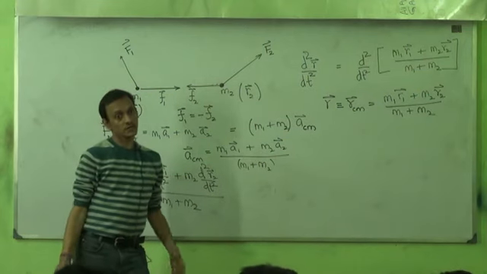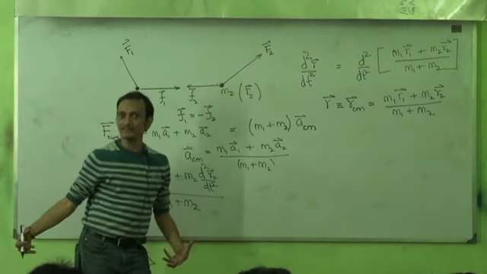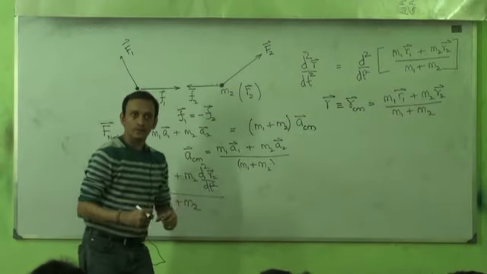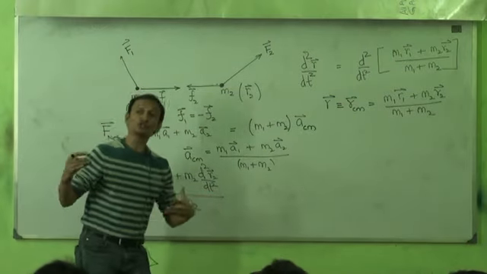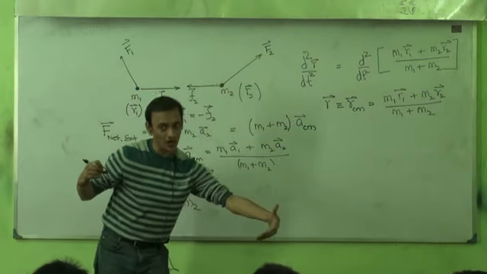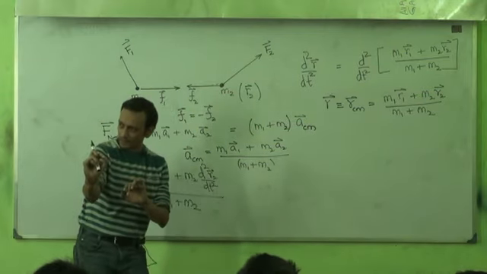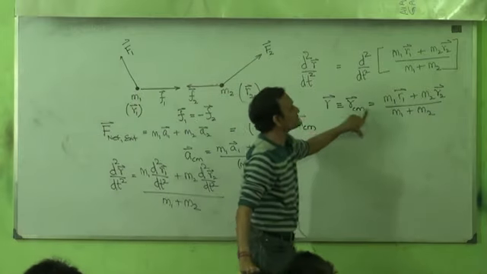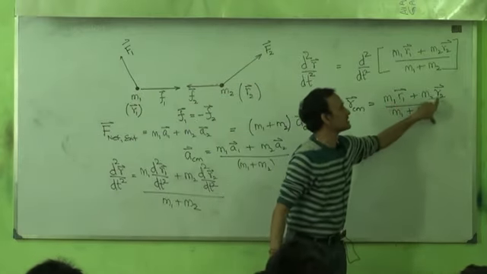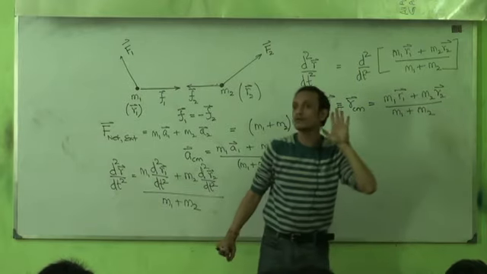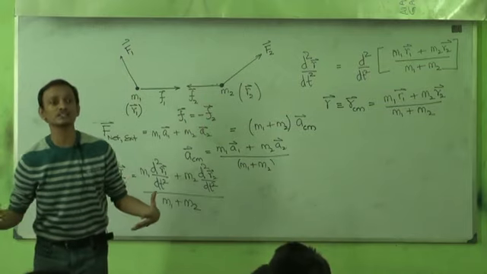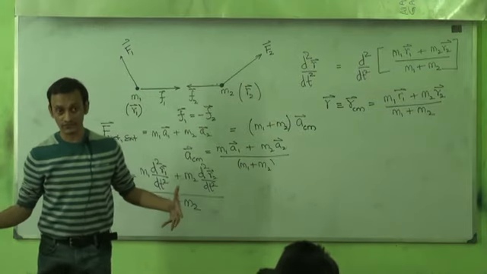right? So there are two particles, mass m1 and m2, located at positions r1 and r2. Then the two particles, for the sake of applying Newton's second law, could be replaced by one single particle having mass m1 plus m2 located at RCM equal to (m1 r1 plus m2 r2) by (m1 plus m2). That's the center of mass position for a collection of two particles.